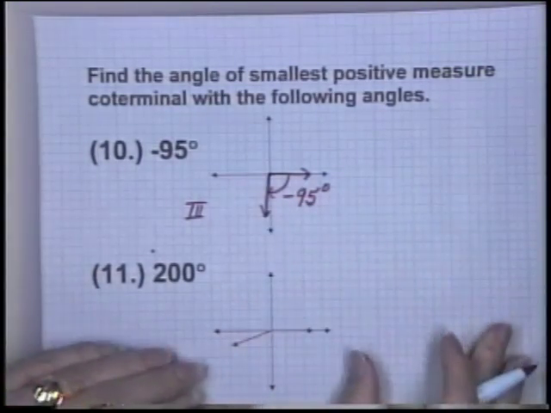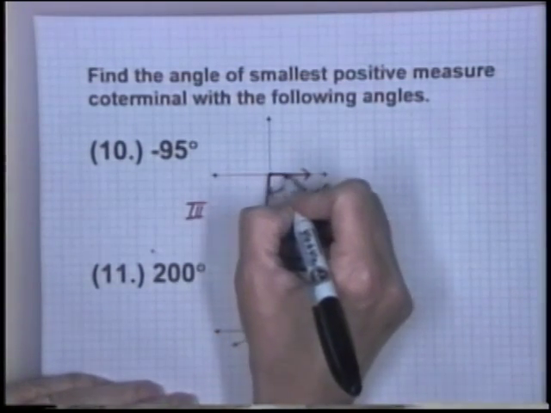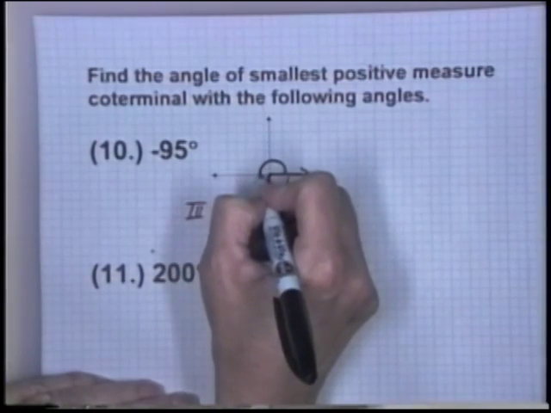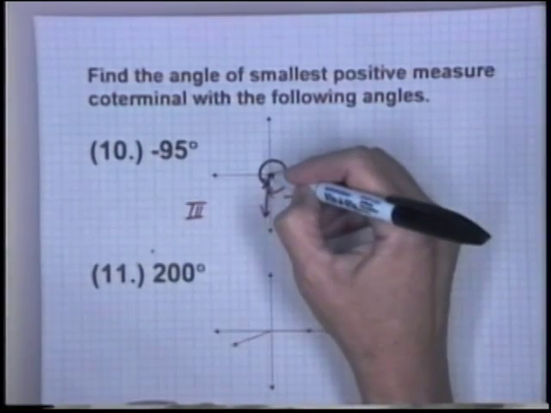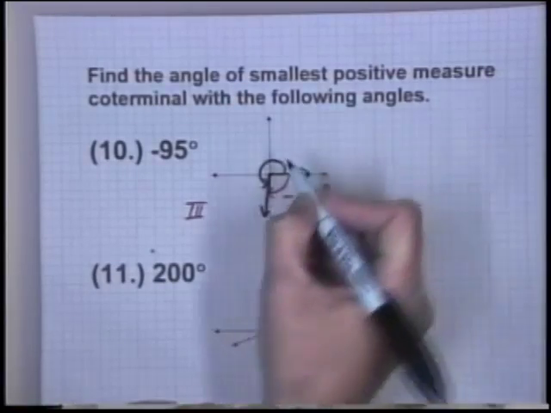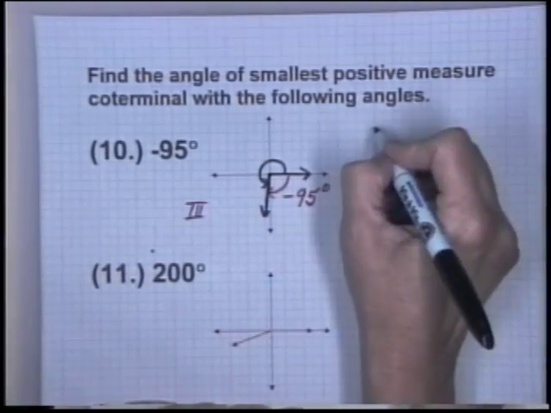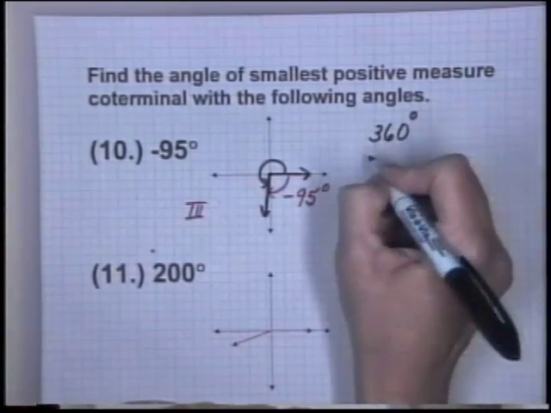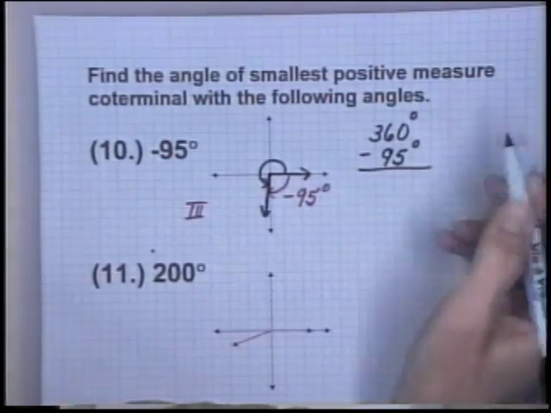Now, if we want to find the smallest positive angle that's coterminal with this, go ahead and label it. Then the smallest positive angle that would be coterminal would be the angle with an initial side on the positive x-axis rotated in a counterclockwise direction. And so what we need to do is figure out how many degrees we rotated, and the way that we will do that is that we will take 360 degrees and we will subtract from that 95 degrees.